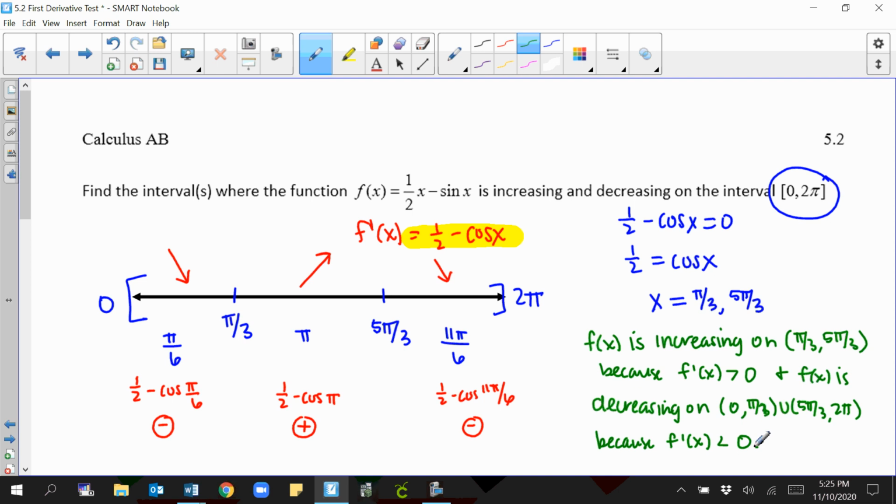So that's how you can use your first derivative to determine if something is a minimum or a maximum value, or to determine where your graph is increasing or decreasing.